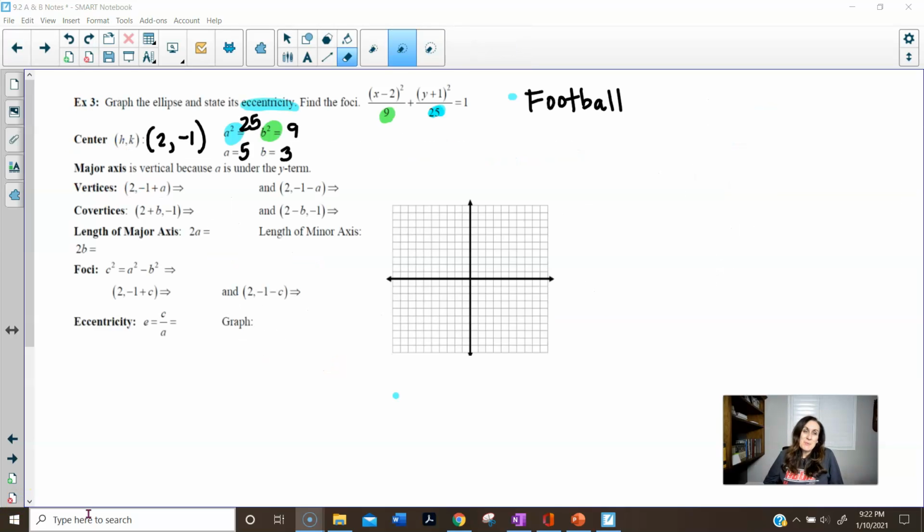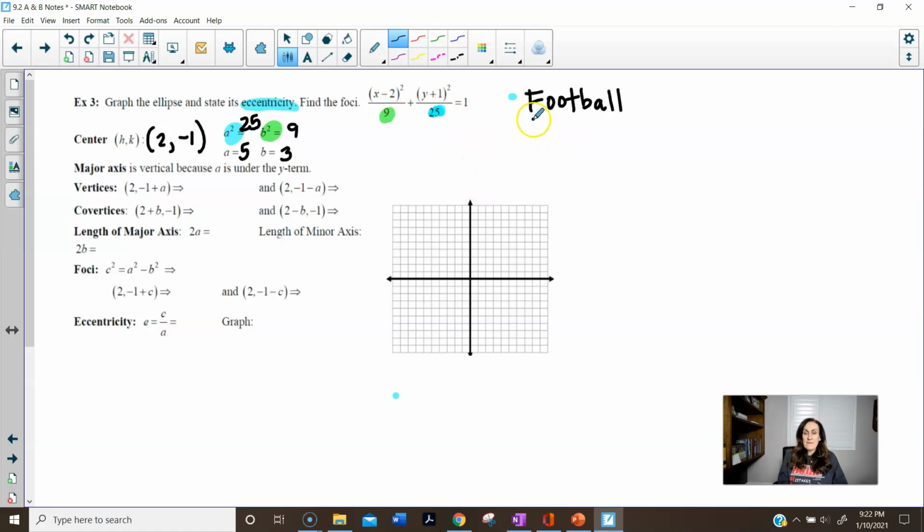So let's look at example 3, graph the ellipse and state its eccentricity. And I'll be explaining what eccentricity is in a moment. So the first thing we're going to do is, we know this is an ellipse because the 9 and the 25 are different stretches, and the x is squared and the y is squared. So we know that both of those are squared.